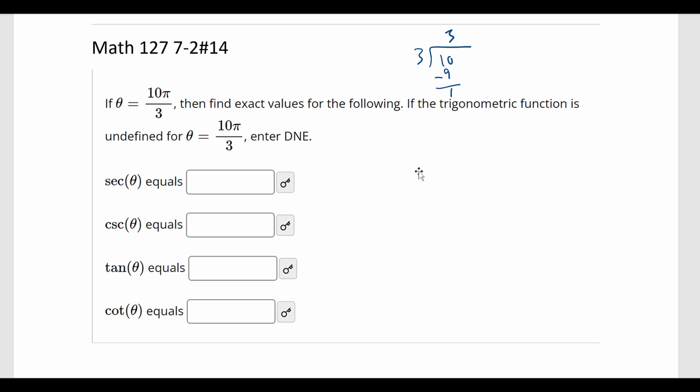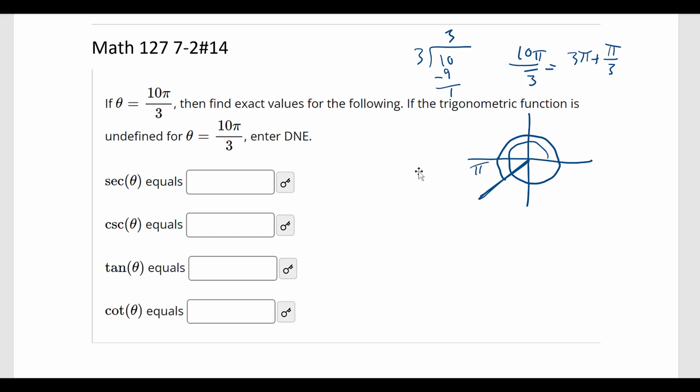So 10 pi over 3 is really 3 pi plus pi over 3. It means it's going to go around 1 pi, 2 pi, 3 pi, and then a pi over 3 past that. So that's our reference angle, pi over 3.